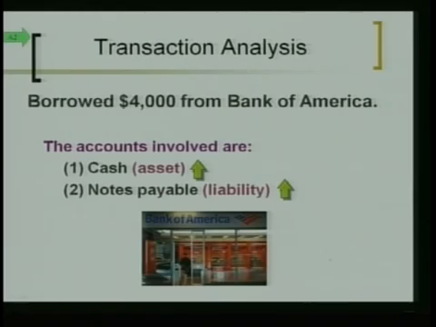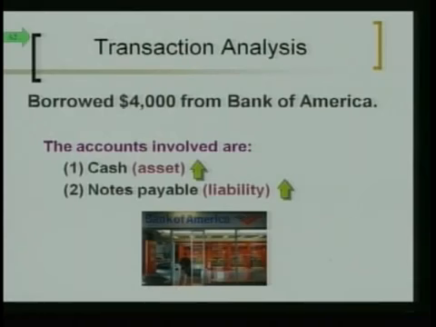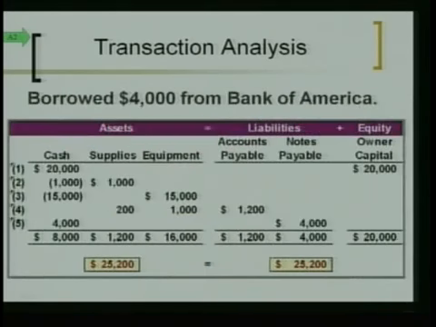But a note payable, how many here have a student loan? Anybody here have student loans? Anybody here have a car loan? Anybody here have a mortgage? Well, if you have any of those, you had to sign stuff and they gave you an interest rate. Those were notes. So going back to this example, we got a $4,000 loan from Bank of America. Cash goes up by $4,000 and our notes payable liability goes up by $4,000.